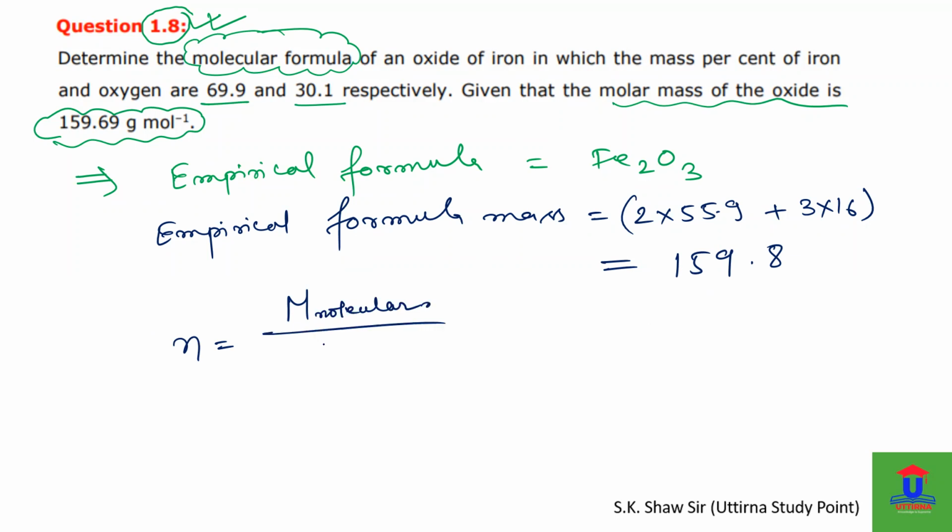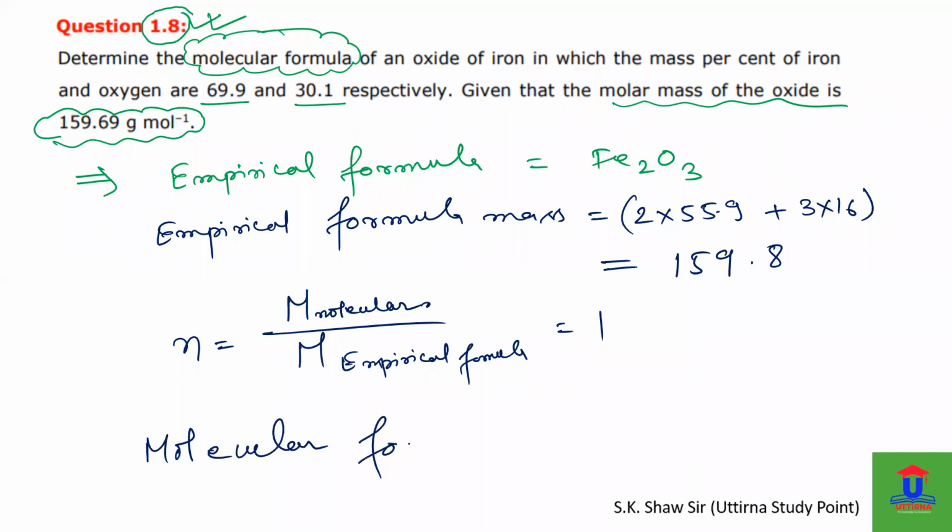That is approximately 1, equal to 1. Yes. So, sir, the molecular formula will be Fe2O3. Yes. Correct. So its empirical formula and molecular formula are the same, which is Fe2O3.